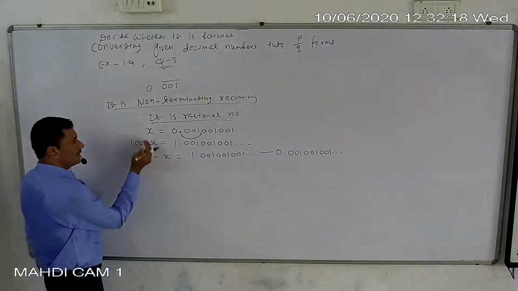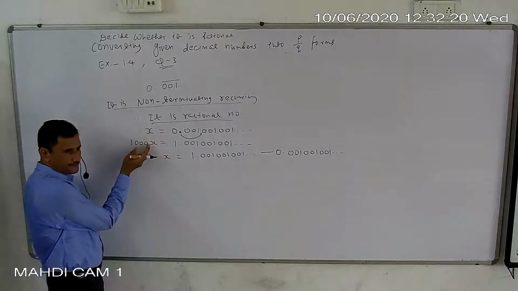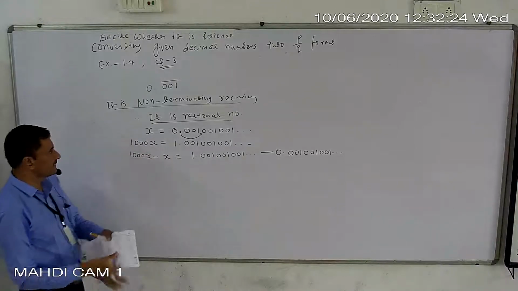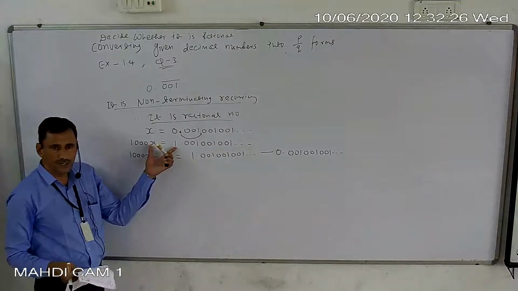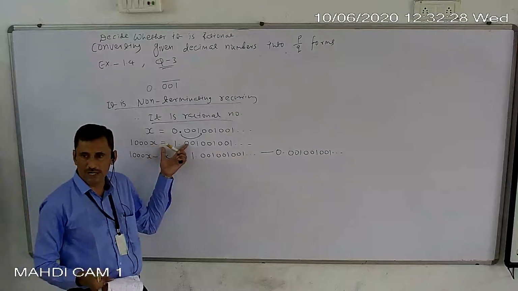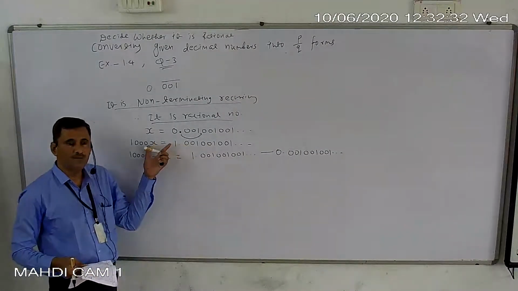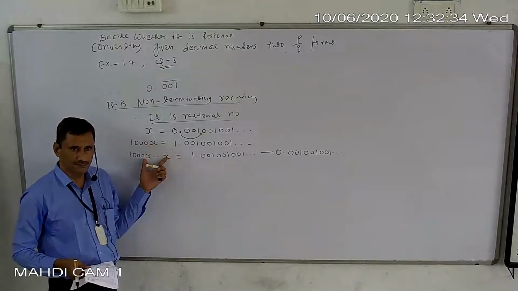Okay, we just subtracted the previous step from the last step. So this is our second step. The first step is to multiply by 10 raised to n. After multiplying by 10 raised to n, you have to subtract the previous step from the last step.